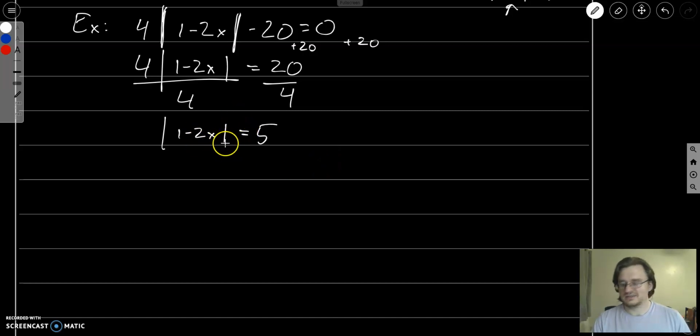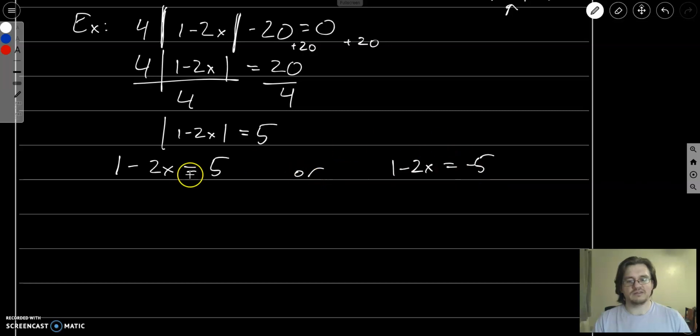Again, just like before, the absolute value is going to be equal to either 5 or negative 5. So 1 minus 2x is either equal to 5 or 1 minus 2x is equal to negative 5. We'll have one or the other.